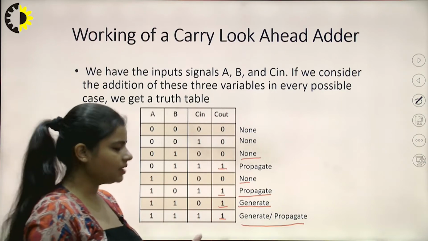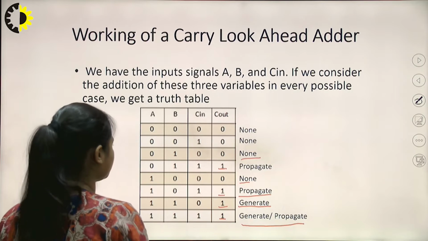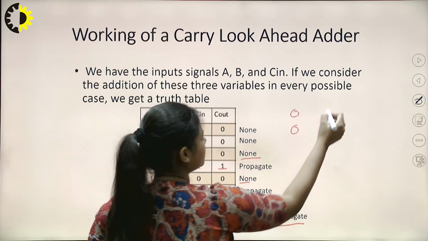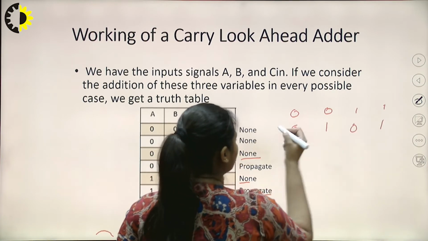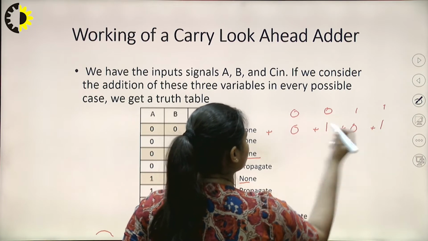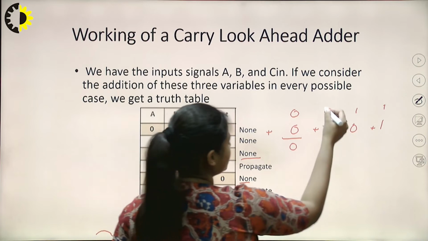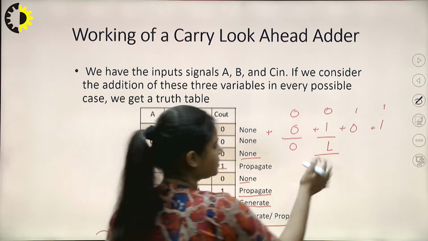For the inputs 0, 0, 0, 1, 1, 0, 1, 1, whenever we add these numbers, what can we have? Sum 0, no carry. Sum 1, but again no carry, none.